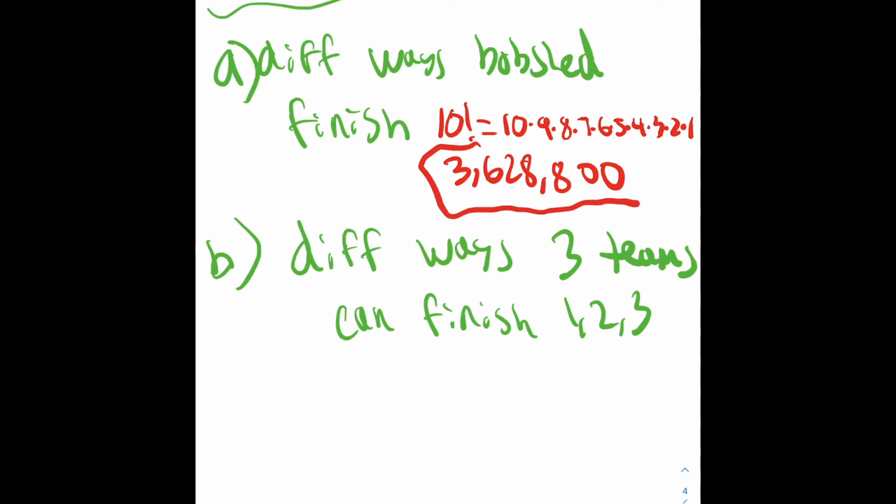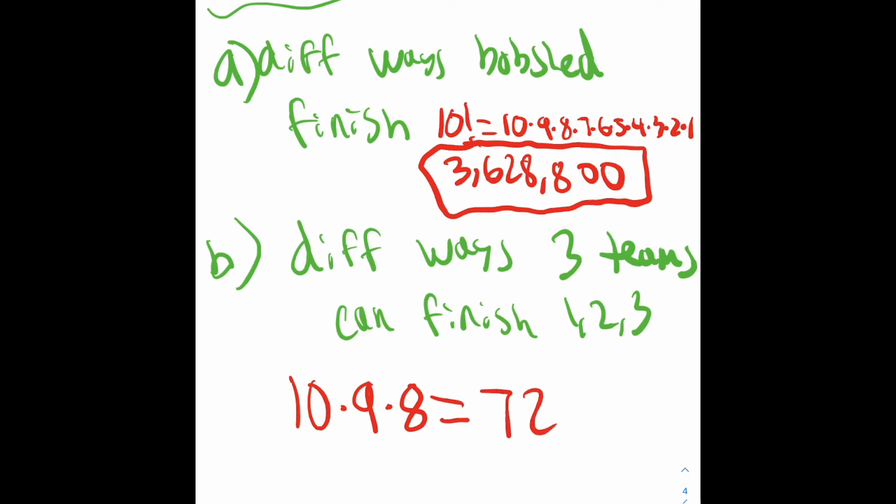Is it likely? Maybe not, because some teams might be better than others, but it's possible. Whereas if I'm just looking at 3 specific teams, whatever team finishes first, I then want a different team to finish second, and then a different team to finish third, which gives me only 720 choices.